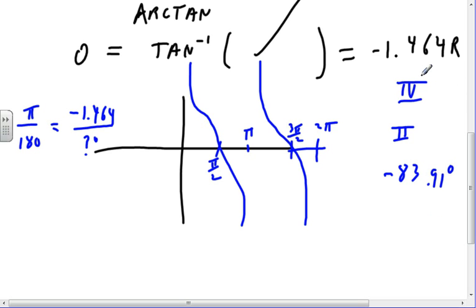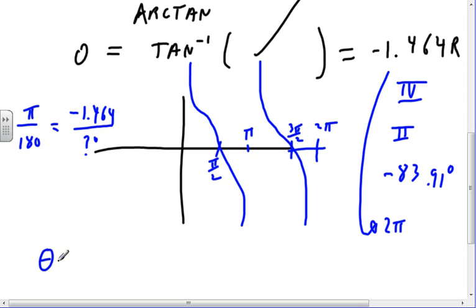I'm going to take that guy and add 2 pi to it to find the fourth quadrant answer. Okay, so I've got 2 times pi minus 1.464.